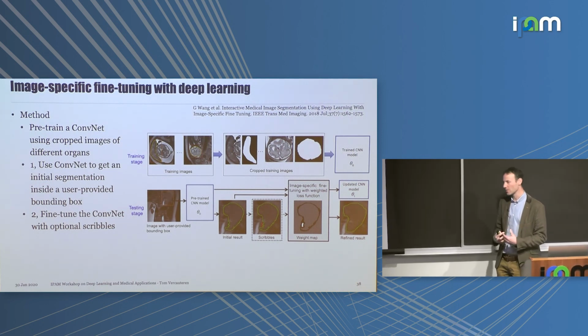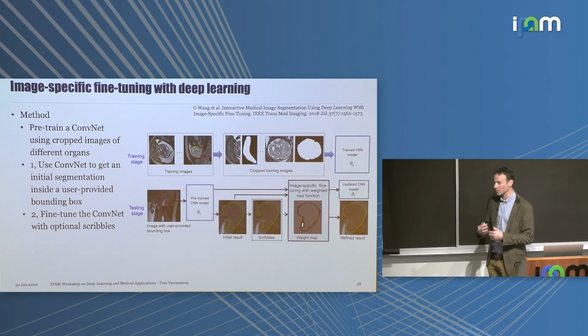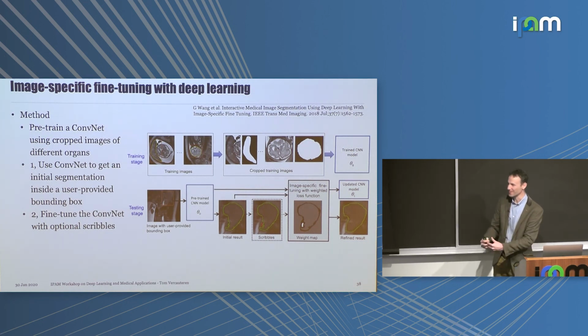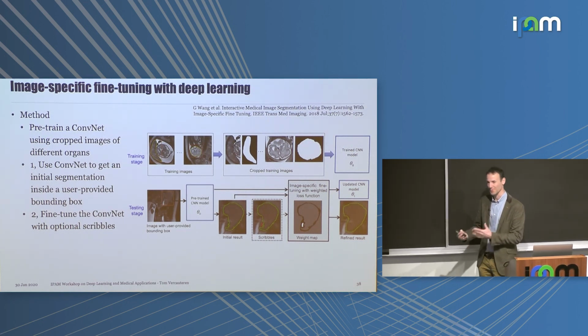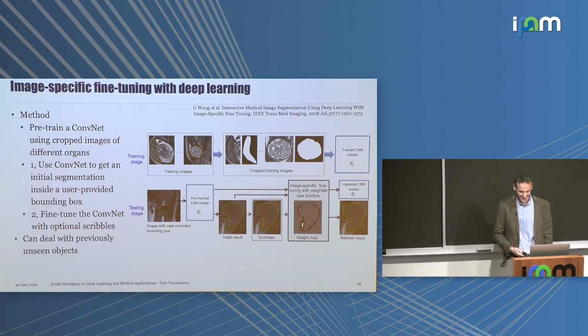So in a way, we're doing overfitting on a given image, but it's willful overfitting. We know what image we want to segment. We have scribbles on there, so let's overfit on it.